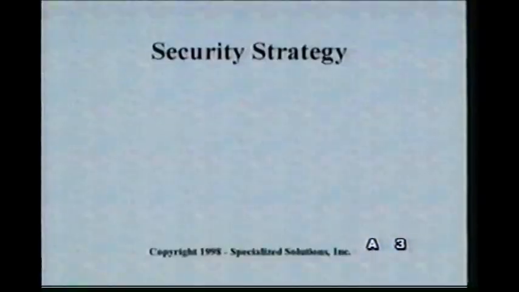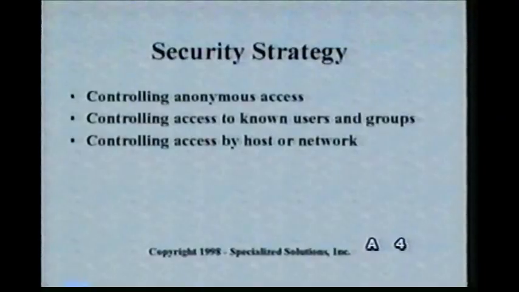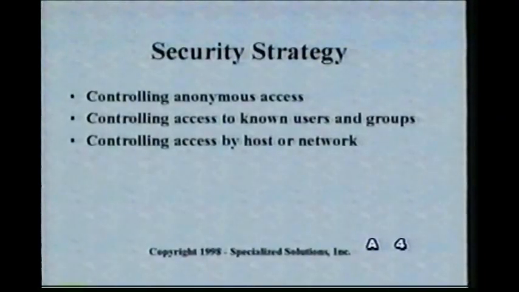You also want to consider when installing IIS whether or not you want to control anonymous access. Because IIS is a World Wide Web server, or WWW server, this is an important point. Also in that, you want to consider whether or not you want to control users, known users, or known groups. You can control access by host or by the network.